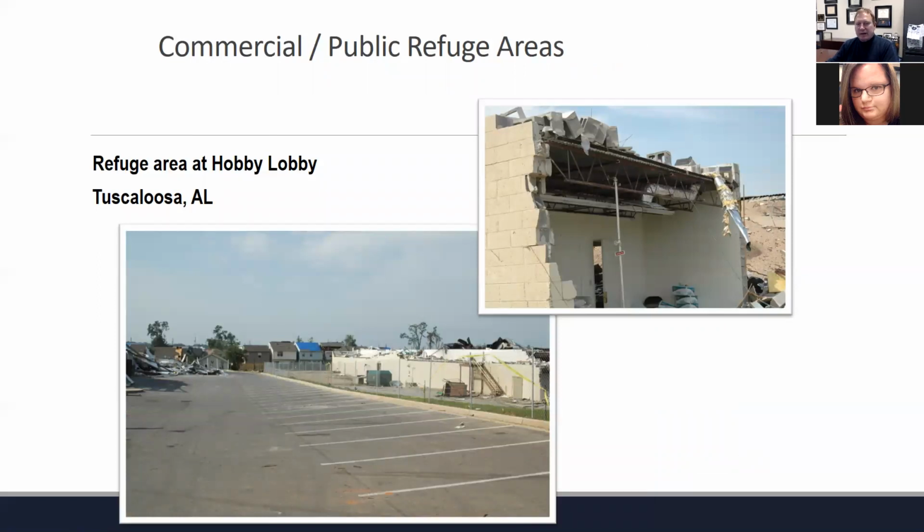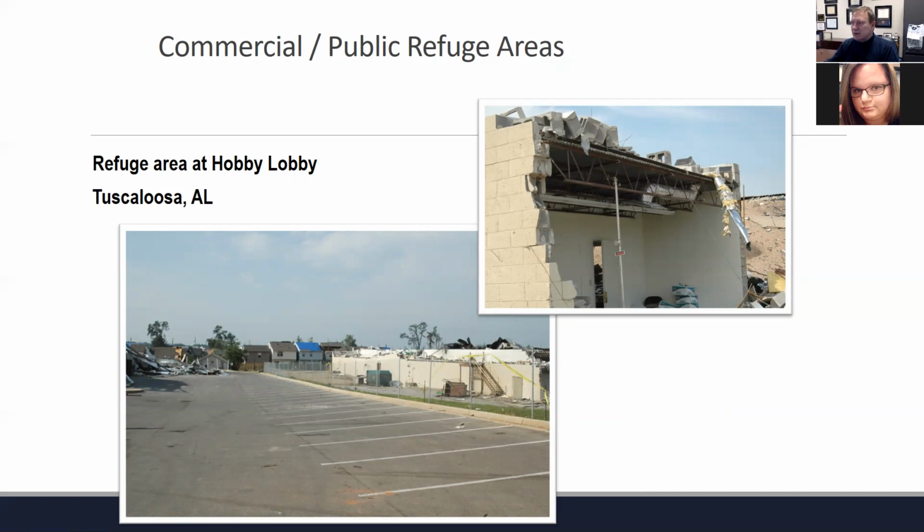The refuge area at the Hobby Lobby, again, this was kind of their safe area, and I would have argued that that would be probably a safer area than part of the building, but any of these part concrete with a steel frame roof, it really depends on how that roof is tied into the walls.